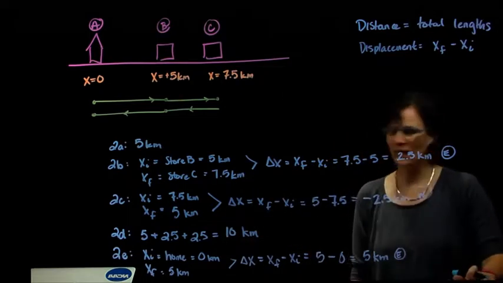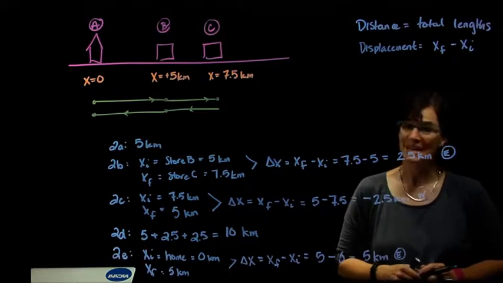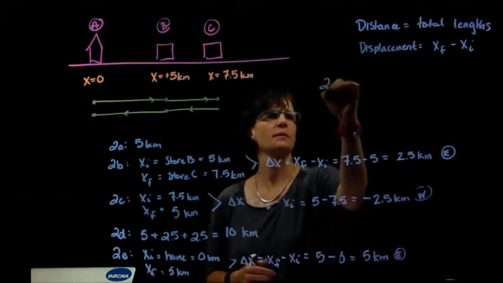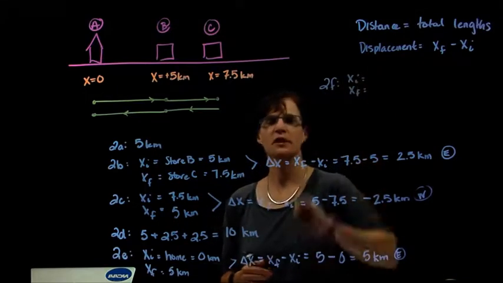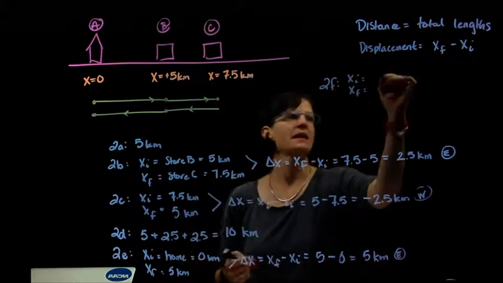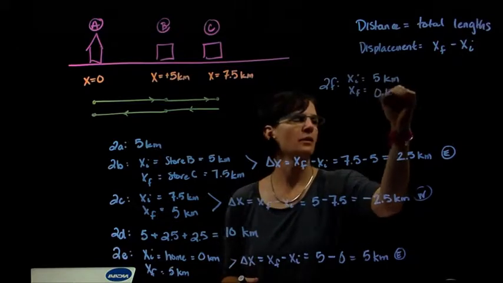All right, part F reads, what was the displacement Jeanie traveled between store B and when she headed home? So we'll be up here at 2F. Again, we have to identify our initial and final positions. She started at store B, so store B is at 5 kilometers, and she ended up at home, 0 kilometers.